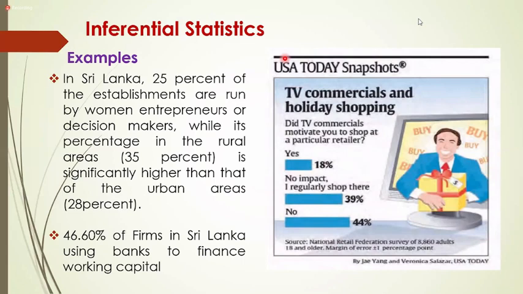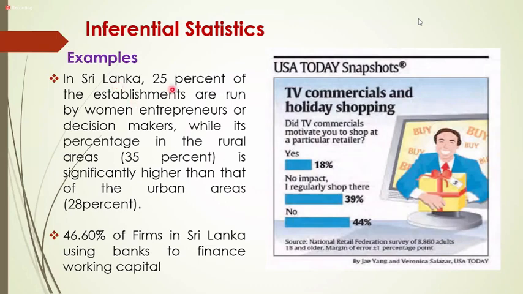If it's a sample, then they will mention in the example how many women entrepreneurs they took and what is the measure for that particular sample. But here they mention Sri Lanka.